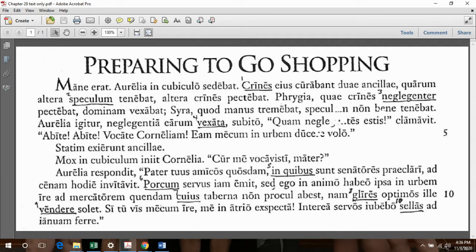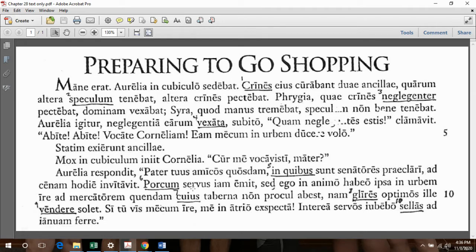In quibus, in whom, among whom, from qui, quae, quod, there are famous senators, or among whom are famous senators. So among these friends. Now the quibus refers back to the amicos, and that's why quibus is plural, because amicos is plural, its antecedent. And quibus, as it is all the way across in the chart, quibus, quibus, quibus, all three possible genders, we know that this quibus is masculine because it is taking amicos as its antecedent.